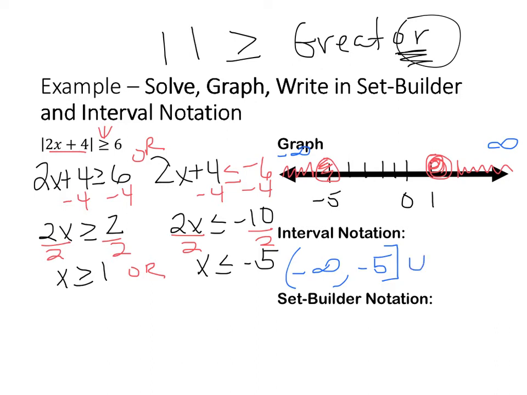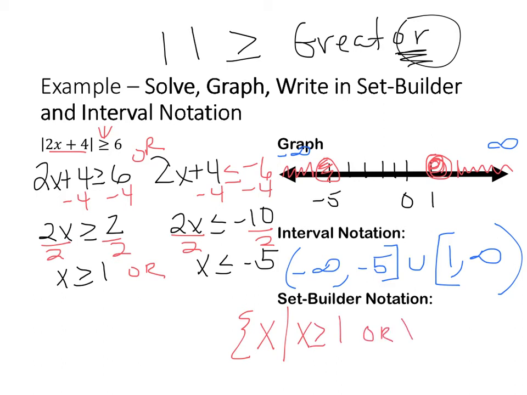I start up again at 1 and go to positive infinity. Closed dot at 1, so it has a bracket. Everything else has a parenthesis. And then finally for my set builder notation, I write it as all real numbers x such that, and then all I do is rewrite my solution.